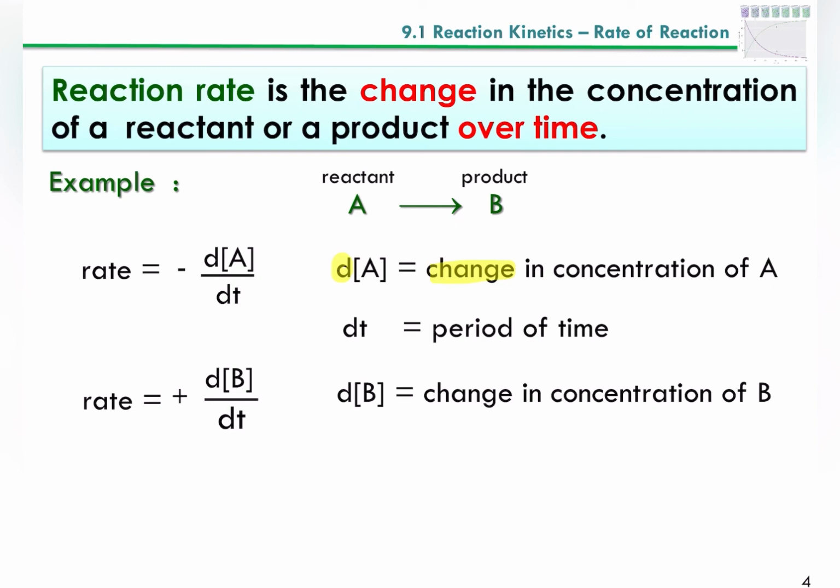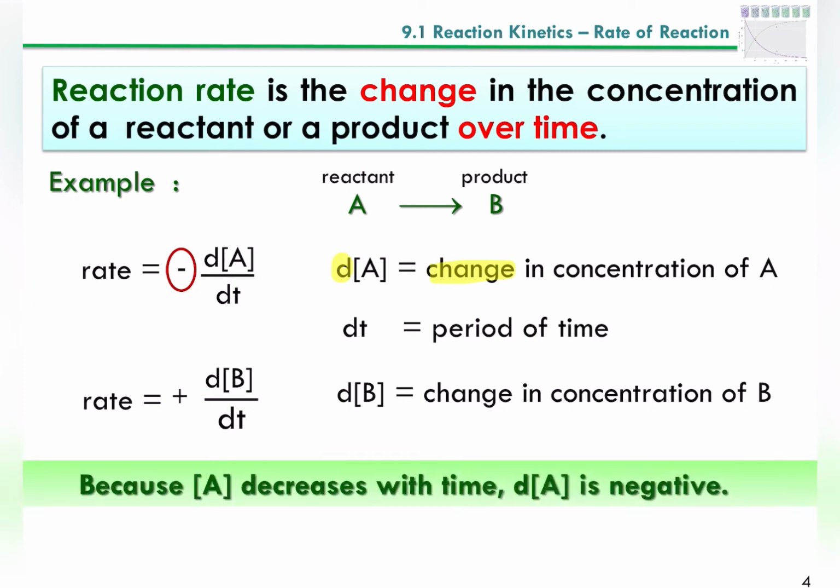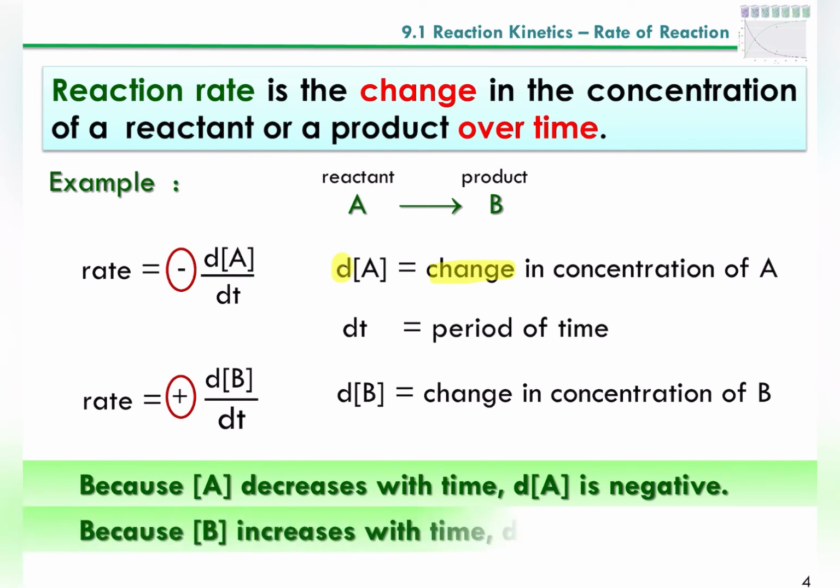So as you see here, for my reactant there is a negative sign because the concentration of A decreases with time. So that's why the sign for dA is negative. And the sign for my product is positive because the concentration of B increases over time. So that's why dB is positive.